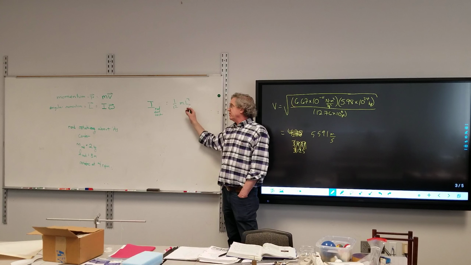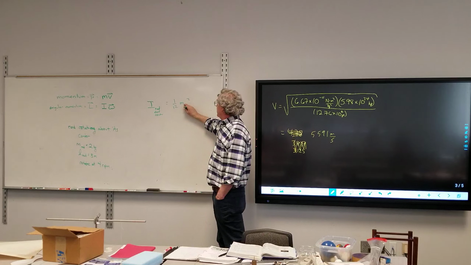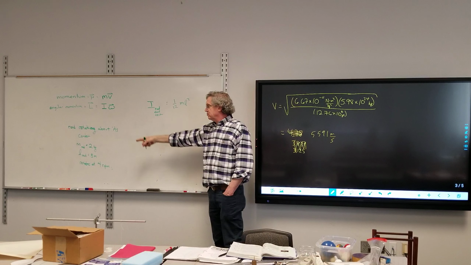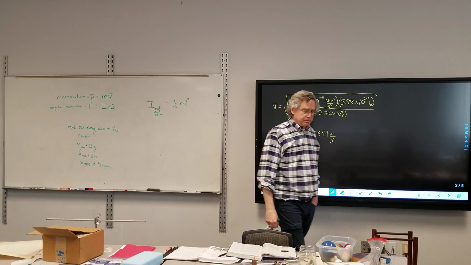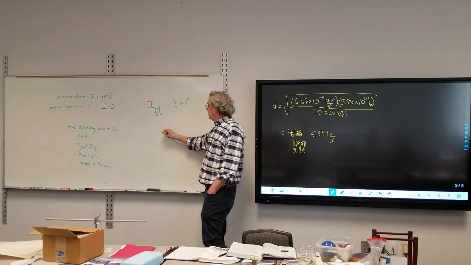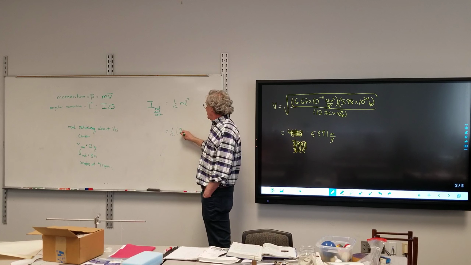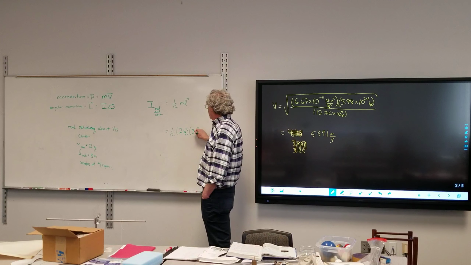This L is the length of it, not the angular momentum, so I'm just gonna put a lowercase l here. And so it's just straight up plug and chug. I have 1/12 times a mass of 2 kilograms times a length of 3 meters squared.